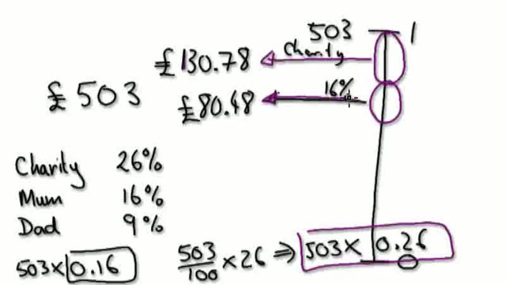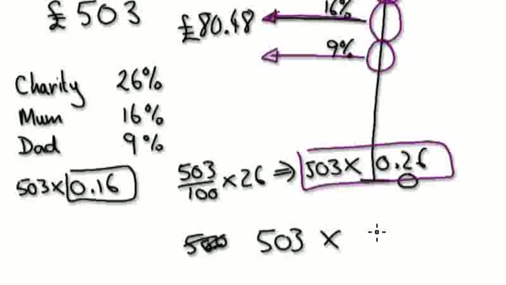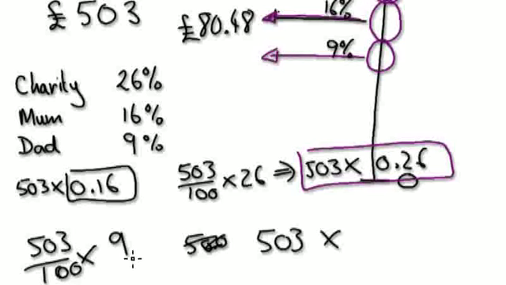Remember, this is 16%, and that's 9%. So a tiny amount goes to your dad. For 9%, normally it would be your whole amount, 503, divided by 100 times 9.